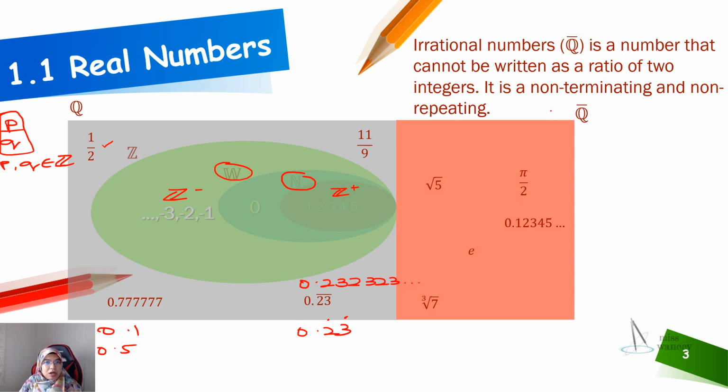If you want to write them down as decimals, they will be non-terminating and non-repeating as well. So we don't repeat the same number, and we are not going to stop after a few digits. As you know, square root of 5 is not an integer, so that is why we call it an irrational number. Over here, we have pi over 2. Pi is actually not an integer, so one of them is not an integer.